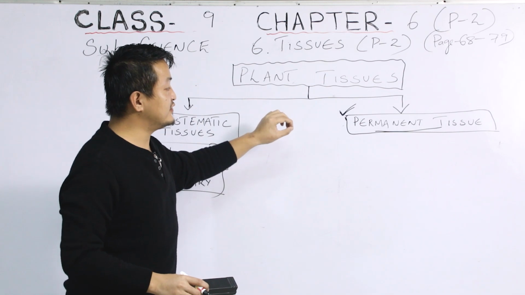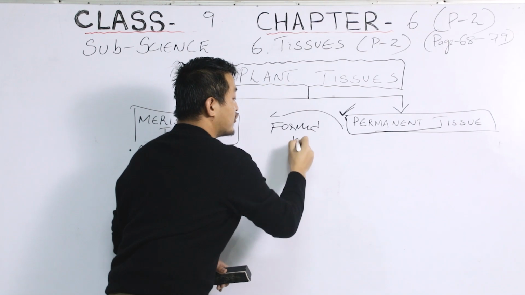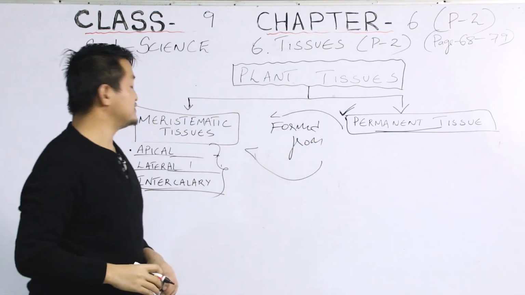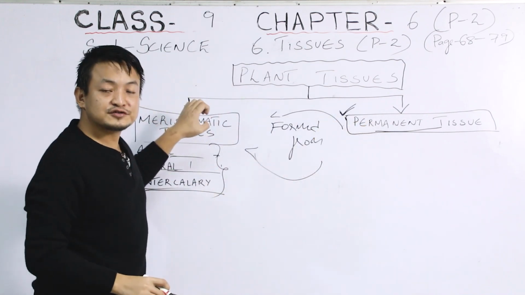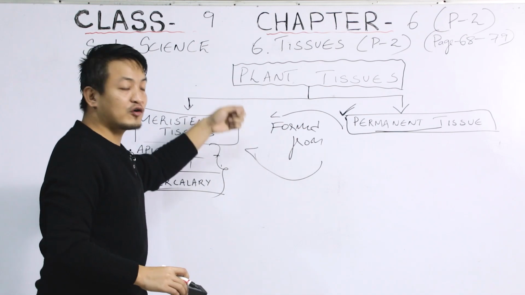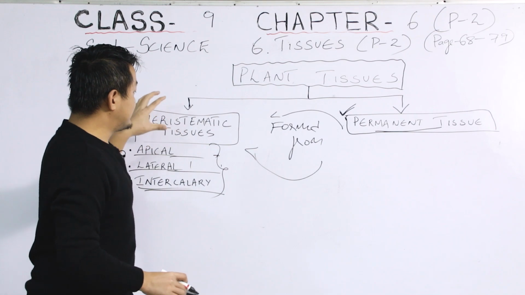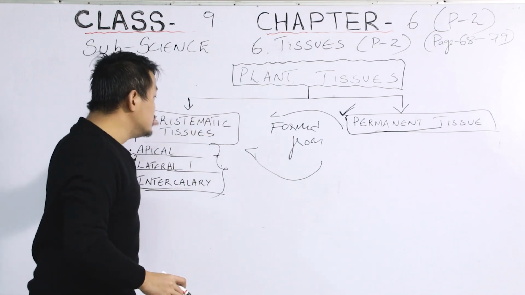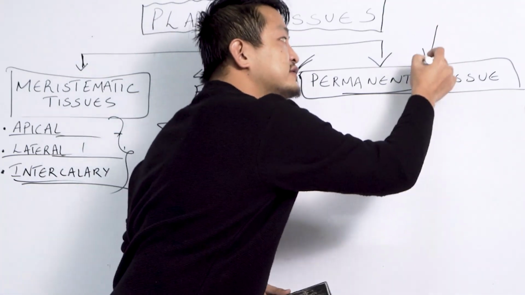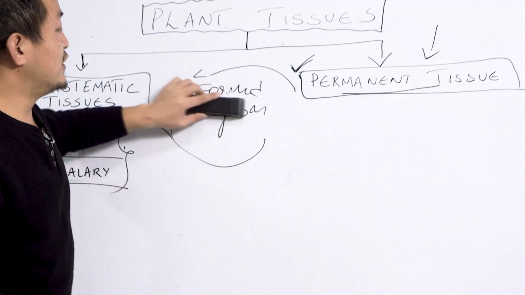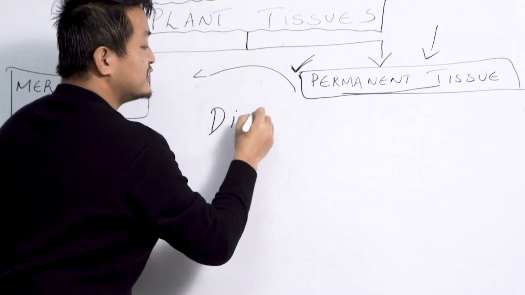Permanent tissues are formed from the meristematic tissue, developed after it. Once the meristematic tissue takes up a significant role and loses the ability to divide, the permanent tissue takes place. Clear? Let me give you the definition for differentiation.